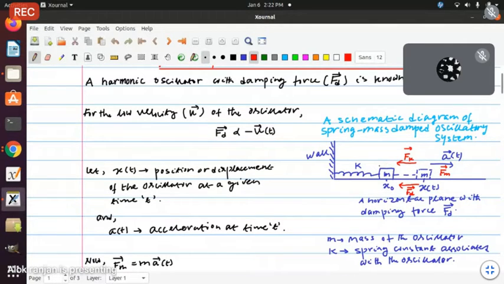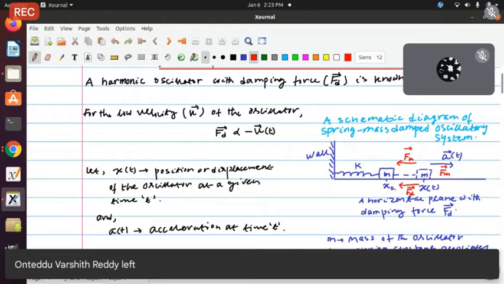So here is the schematic diagram. Again, we'll work with a horizontal spring mass oscillator system. You can have a vertical spring mass oscillator system, which I'll put in the assignment, but the method will remain the same. Here x naught is the mean position, the resting position.